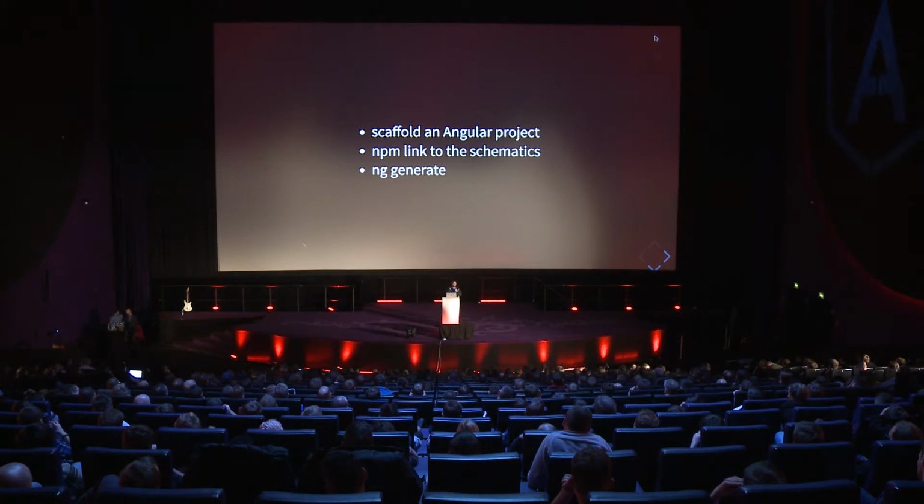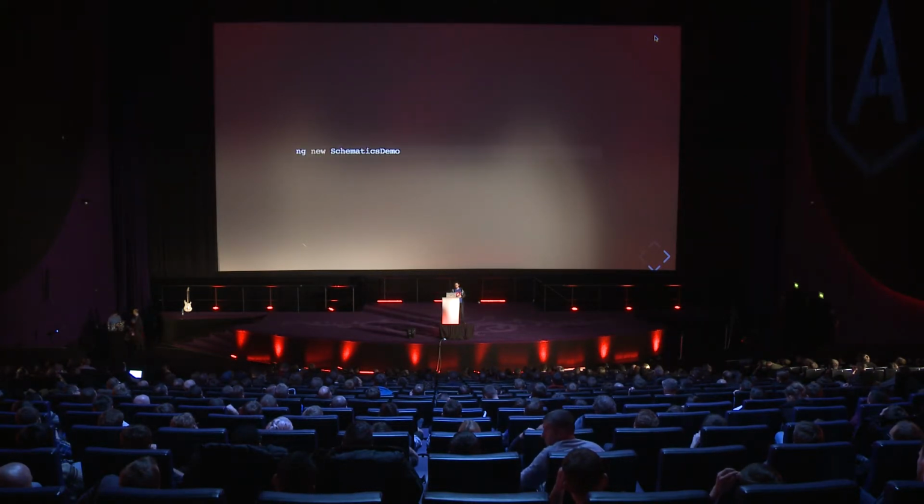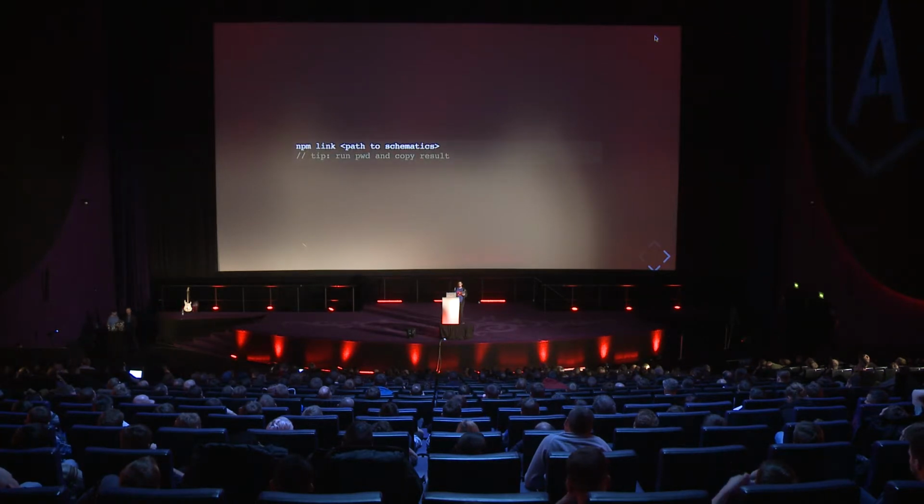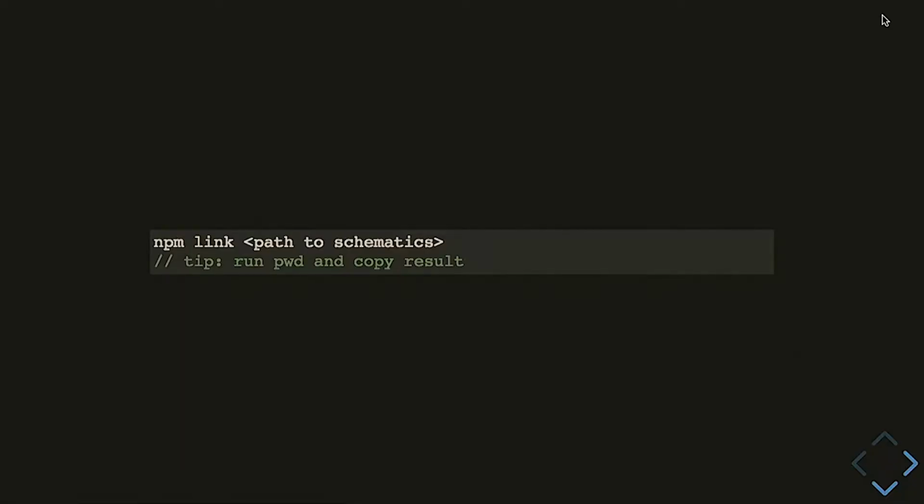What we do to make that possible is an npm link to the schematic, right? And once we're done with that, we can do an ng generate. So let's start by scaffolding an Angular project using a schematic, by the way. Then we do an npm link when we are at our schematic project. So npm link over here at the schematic project, and scaffold the Angular project over here.